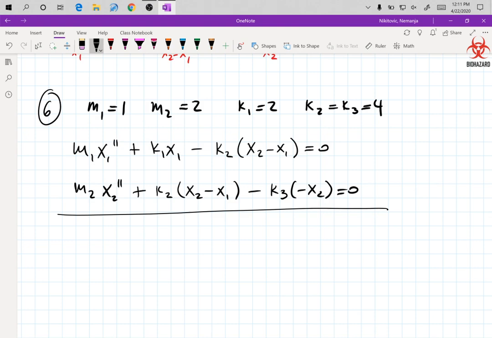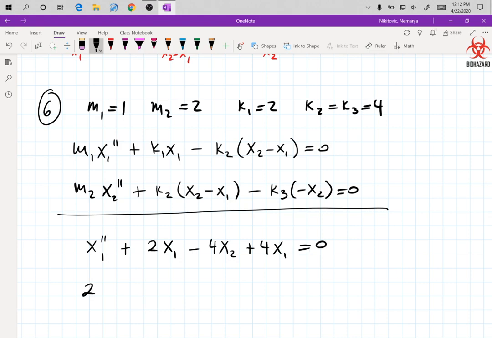So I'm going to plug the numbers now. So 1, well, I don't need a 1, it's just x1 double prime plus 2x1 minus K2 is 4, so 4x2 plus 4x1 equal to 0.